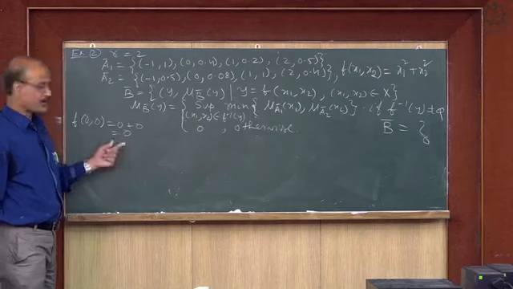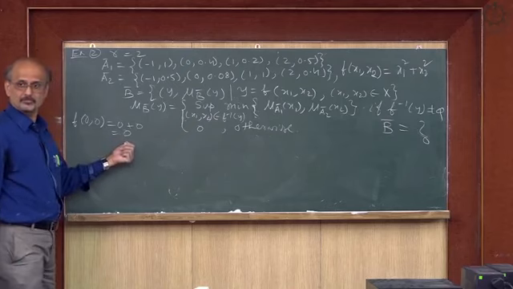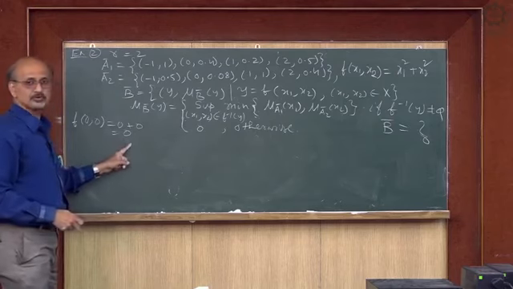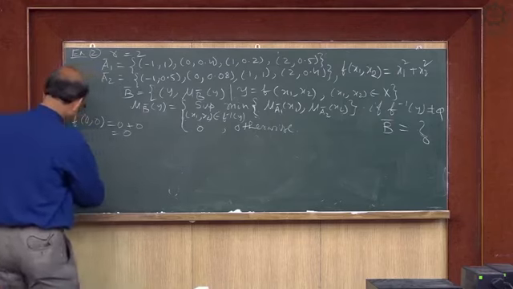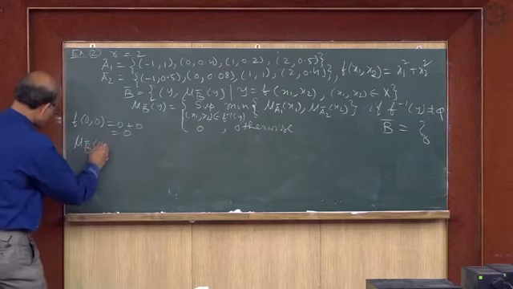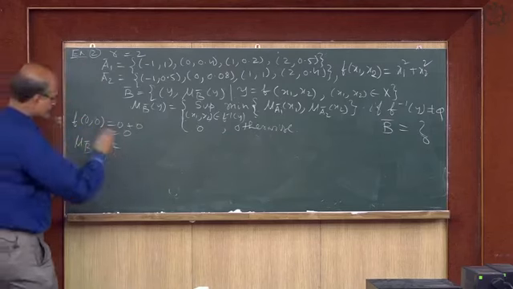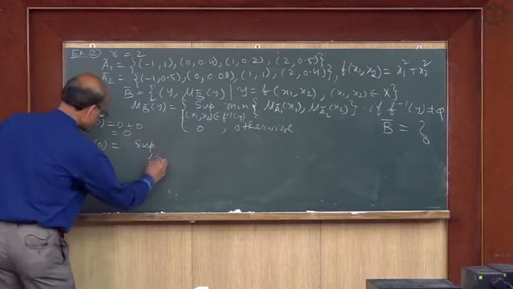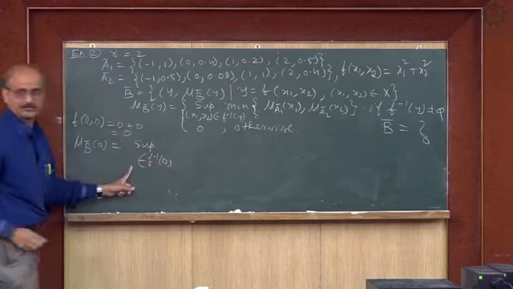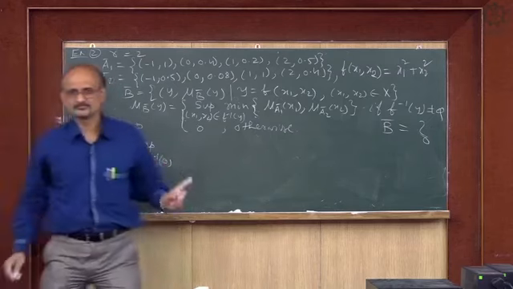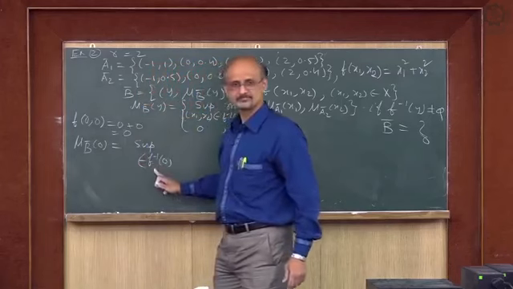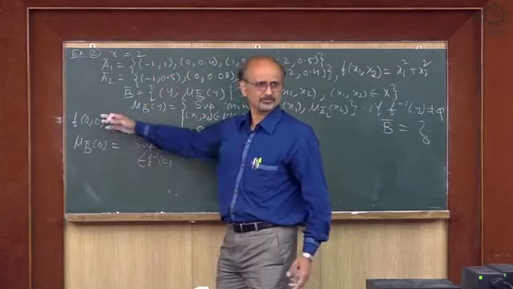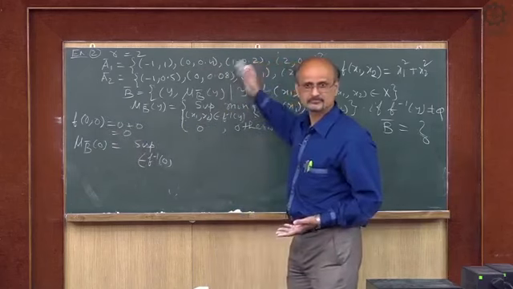0 is the element, but what is the membership degree there in B bar? So, I have to find mu B bar of 0. It will be the sup over f inverse 0. What elements will be there? Only (0, 0), because only (0, 0) is possible for 0.